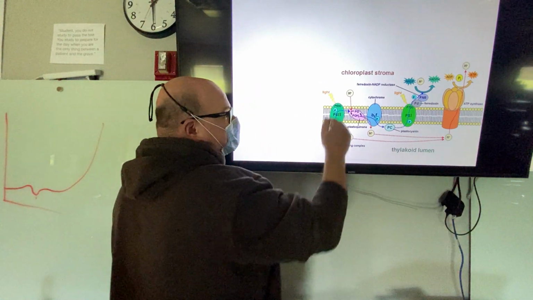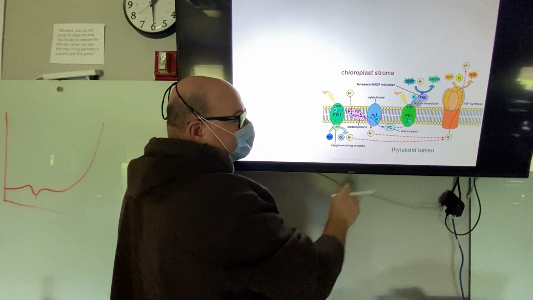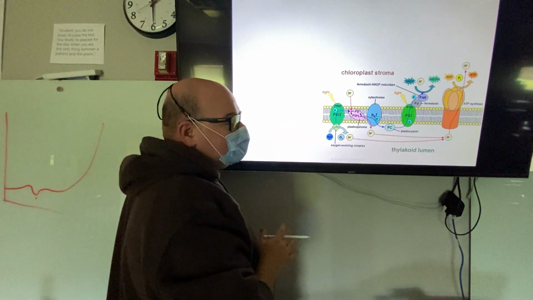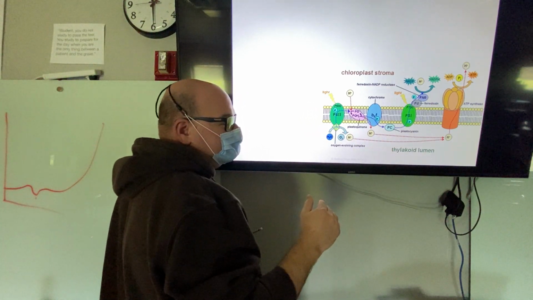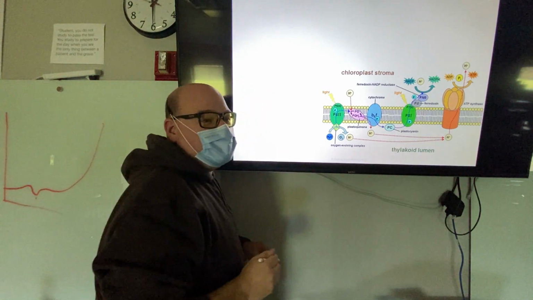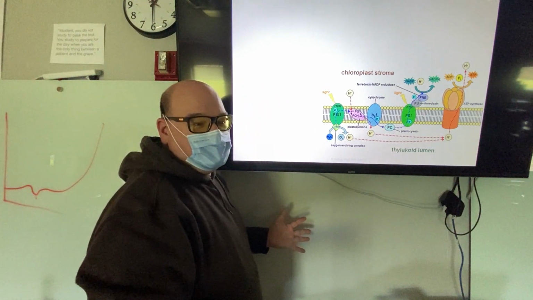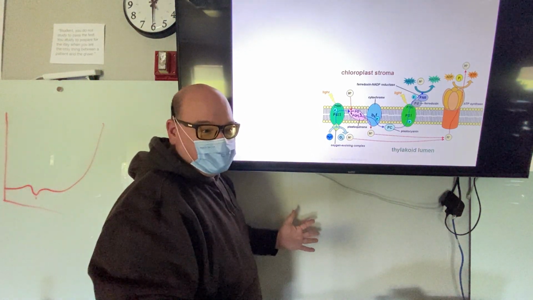So look, light and water. Water's being split. Hydrogen's building up. Hydrogen ions are building up inside of the thylakoid lumen. Why don't these hydrogens immediately form H2? They don't have electrons. The electrons have been stripped off of them.